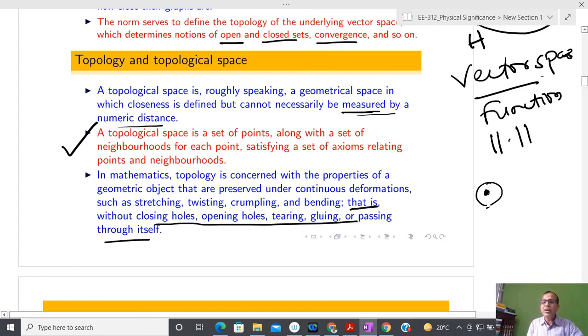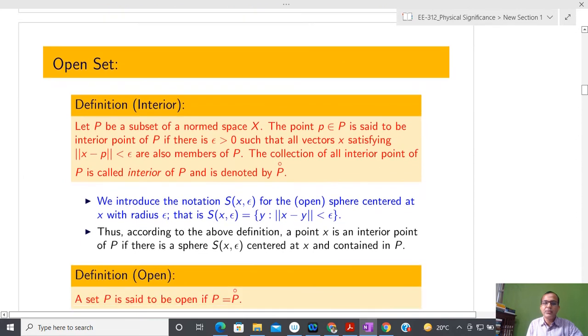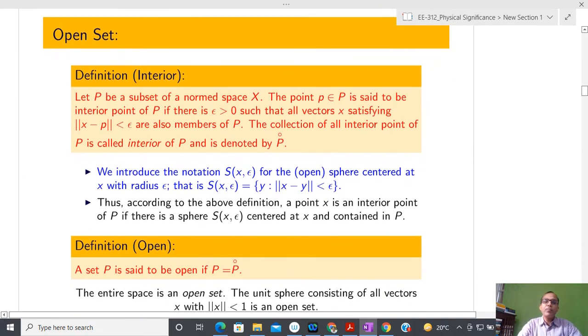Again, with the help of the norm, I am able to define the closeness of a graph, or geometrical object. Now let us come to the open set. Here we are going to take the help of topology somehow. Here I have given the definition of interior. So what is the meaning of the definition of interior?